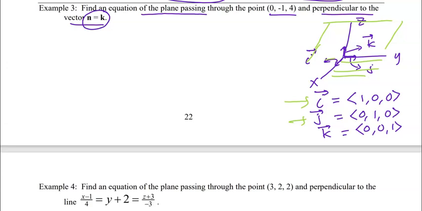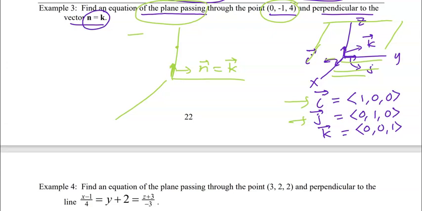All right. So here, I want to figure out the equation of a plane that has a point and is perpendicular to the k vector, right? This is the perpendicular vector, n, which happens in this case to be the k vector. So n is k.